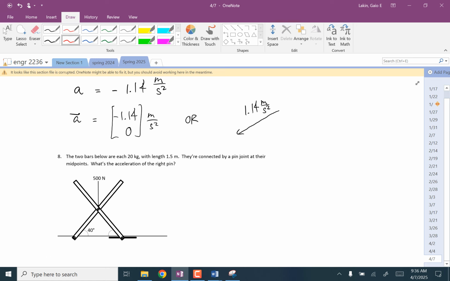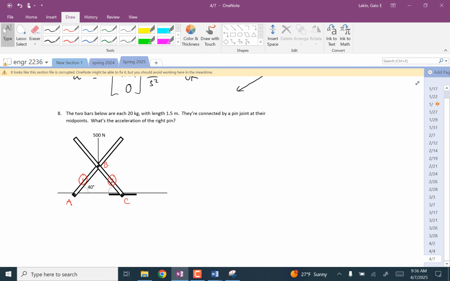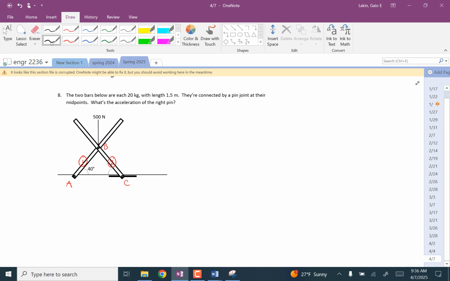All right, so let's name these things. I'll call this one body 1, this one body 2, and I'll call these joints A, B, and C. Like with all the linkage problems, we're just going to start by doing the rigid body analysis.